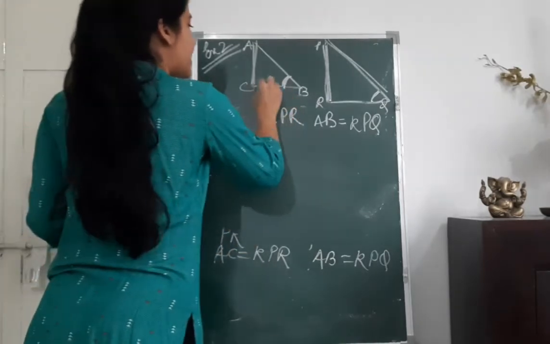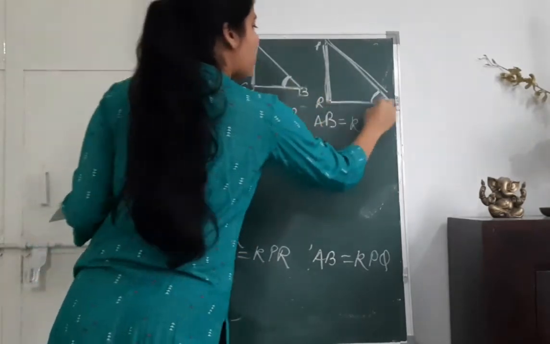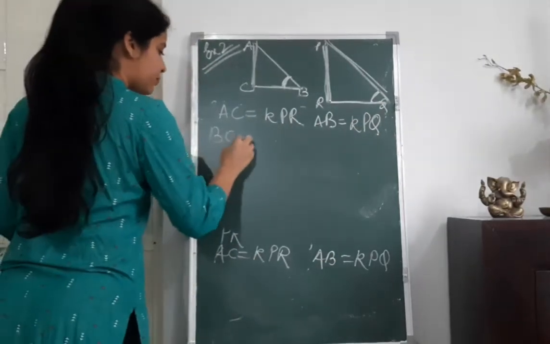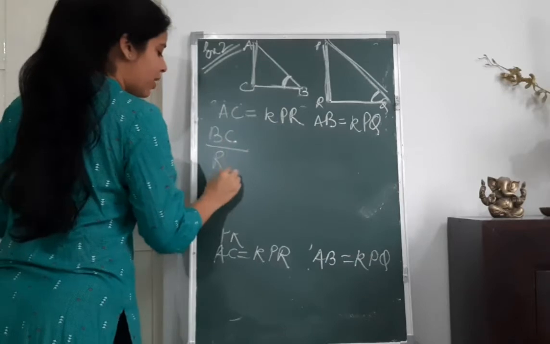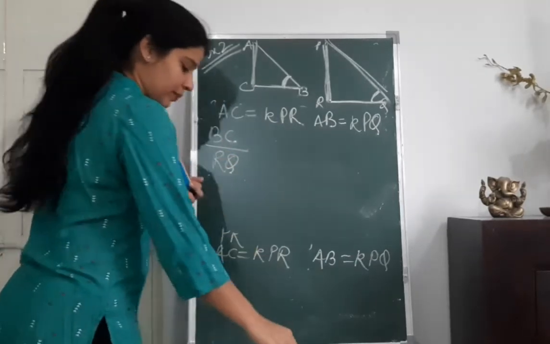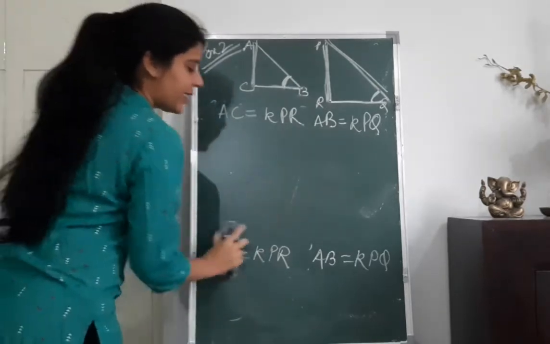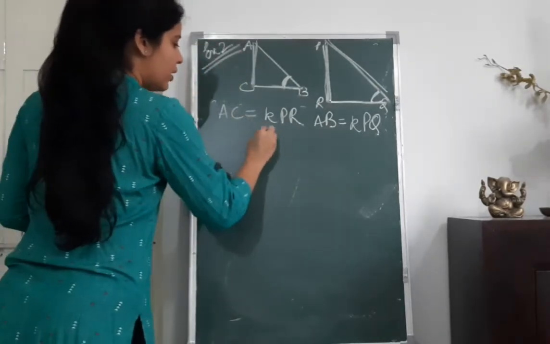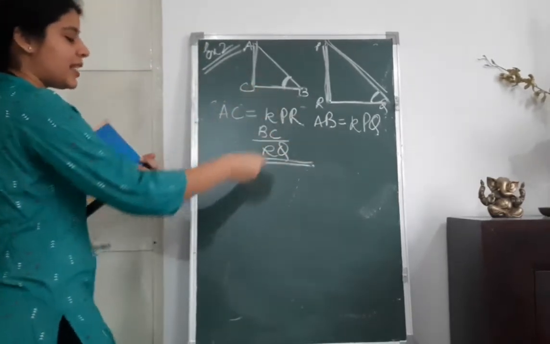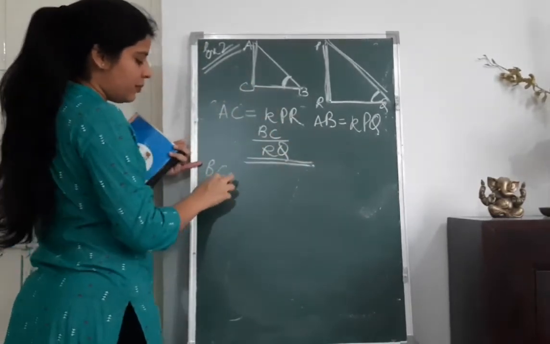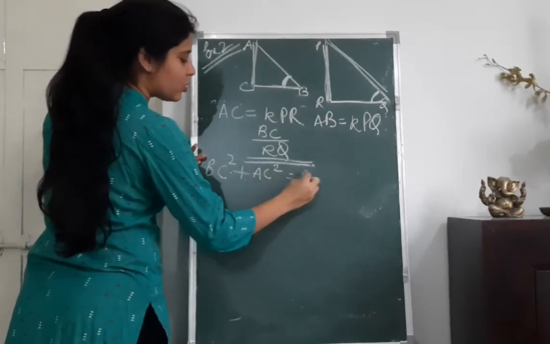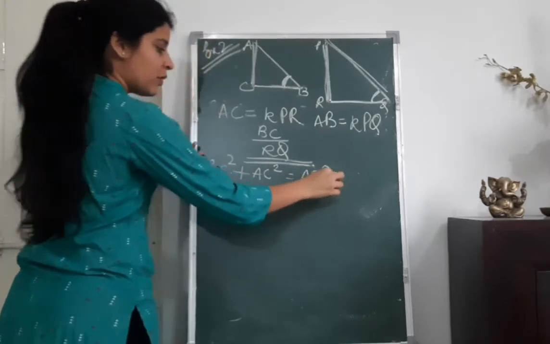Now see, let us try to find what BC upon RQ is equal to. Using Pythagoras theorem, we are going to find what BC upon RQ is going to be equal to, but before that we need to find what BC is. Using Pythagoras theorem, can I say BC square plus AC square is equal to AB square, right?